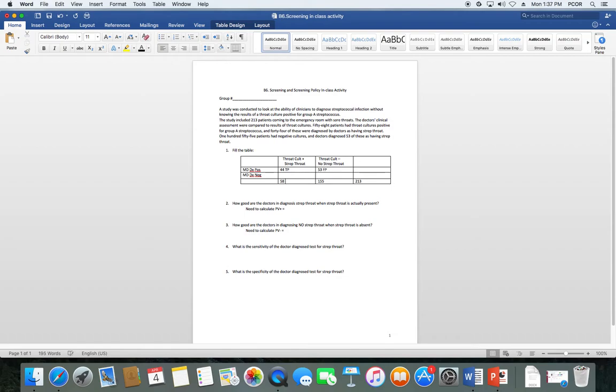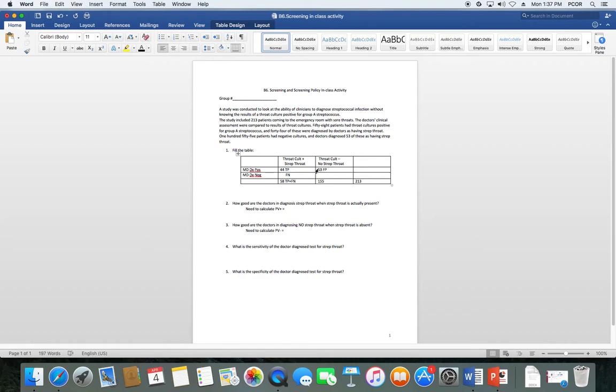This is your total true positive plus false negative. Because what is this here? This is your false negative, because MD diagnosed it as negative, but actually these people right here have strep throat.